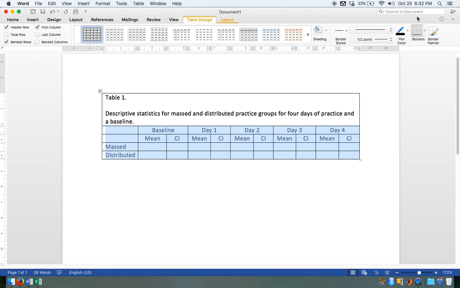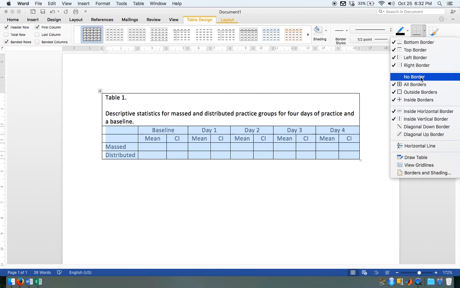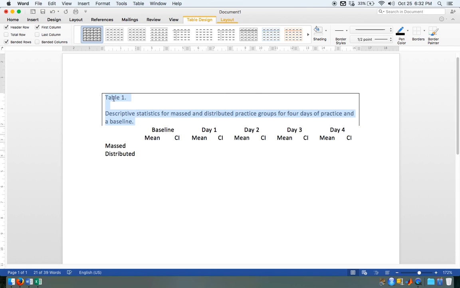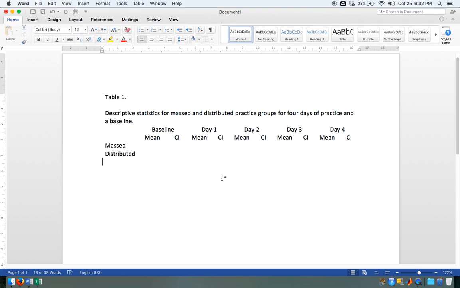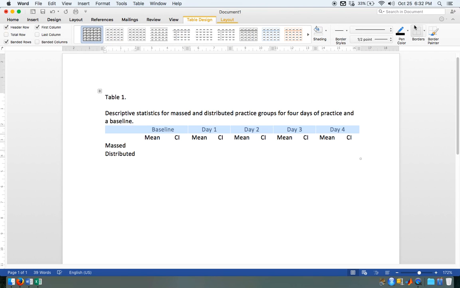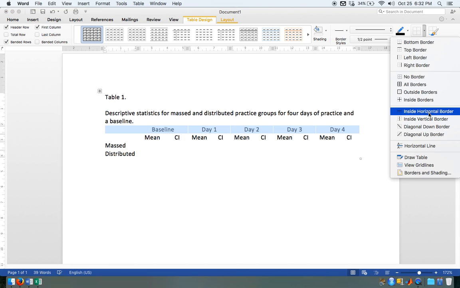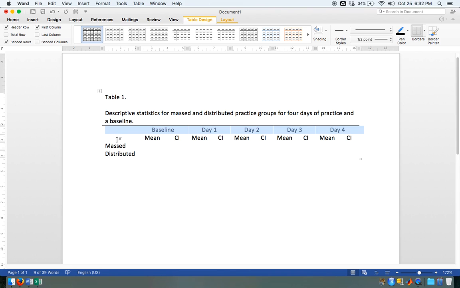So we're going to go to these borders thing here. I'm actually going to just take out all this border. Actually, I should have done it here too. So no more borders, but that obviously gets confusing. But I'm going to insert some. So here, we're going to add one above it. And then we're going to add one below it.